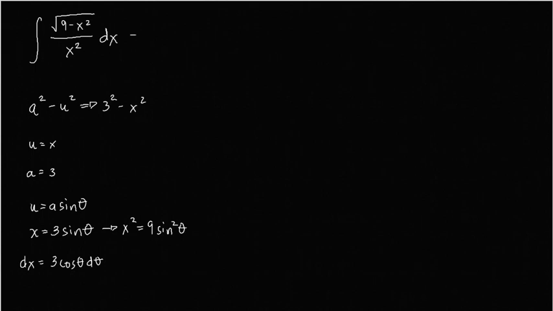So ready na tayo mag-solve ng integral na ito. So we have the square root of 9 minus 9 sine squared of theta divided by our x squared, which is also 9 sine squared of theta. Then don't forget the dx, which is equal to 3 cosine of theta d theta.